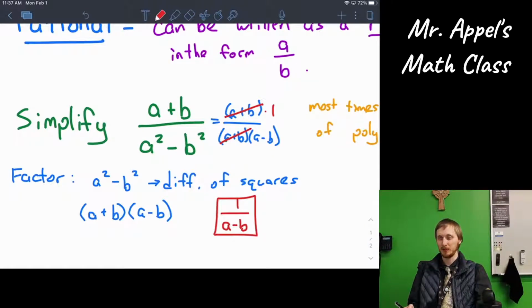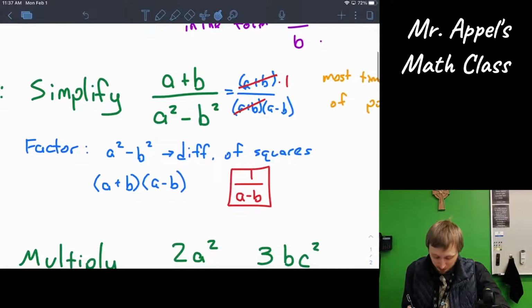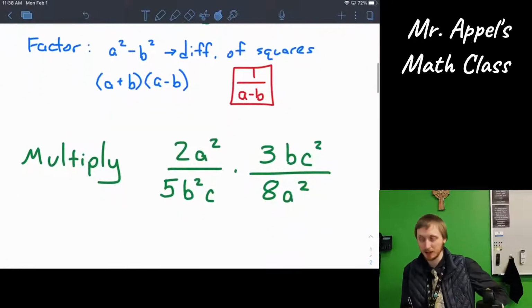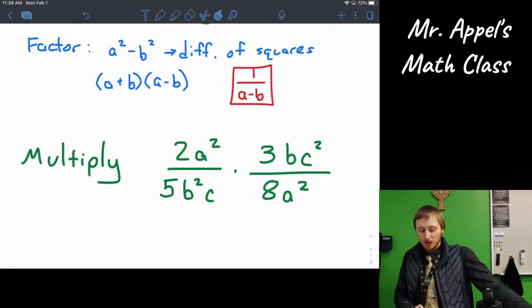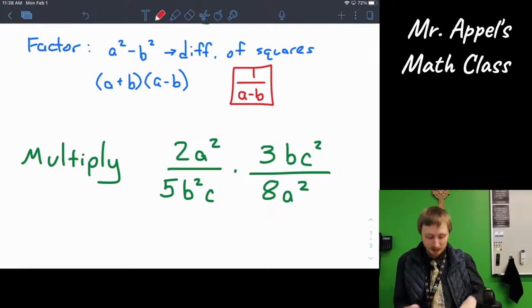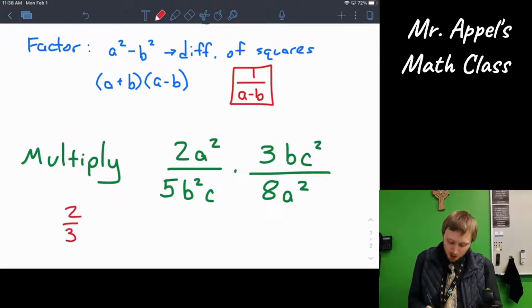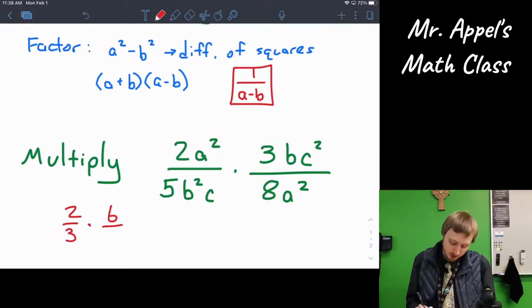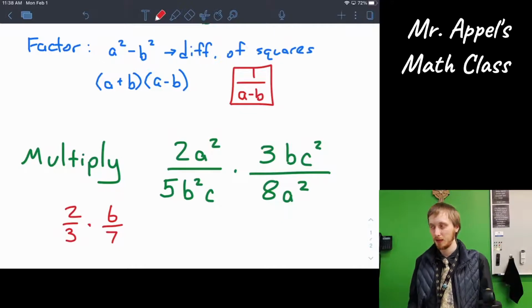Questions on how we did that? Okay, that's simplifying. We want to start multiplying and dividing these things. More stuff is involved, but it's still the same rules. If I said multiply 2 thirds times 6 sevenths, you would do the same thing.